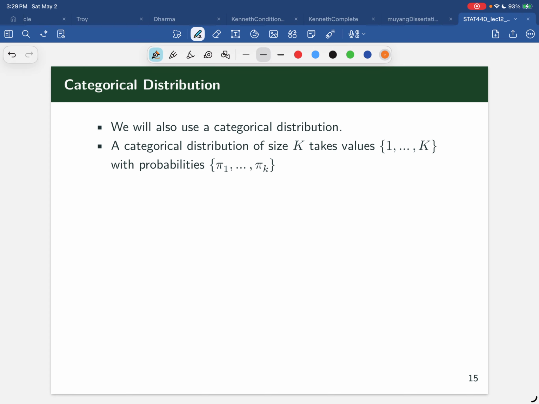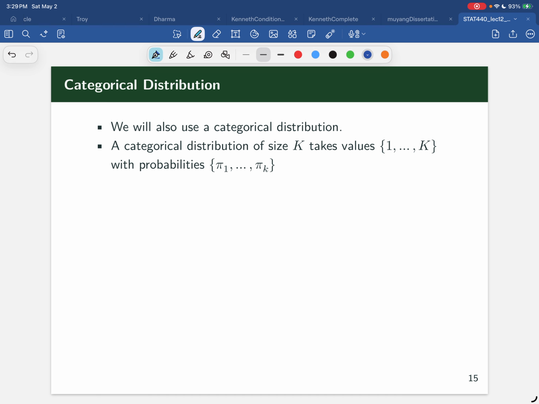Okay, we are also going to use a categorical distribution, and we're going to use it to assign a mixture model.